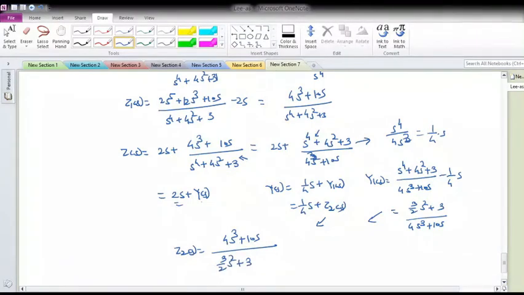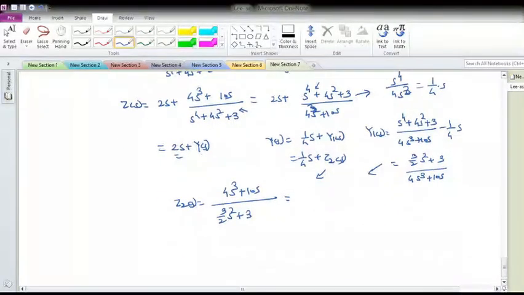Now divide this by this. Ultimately you are removing the pole at infinity. So you continue that way till you get the remainder equal to 0.